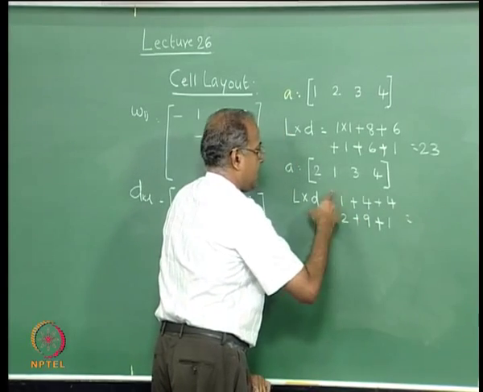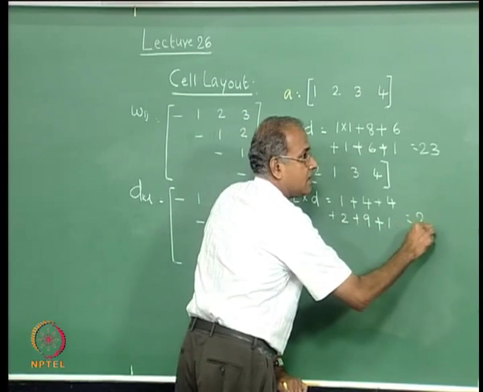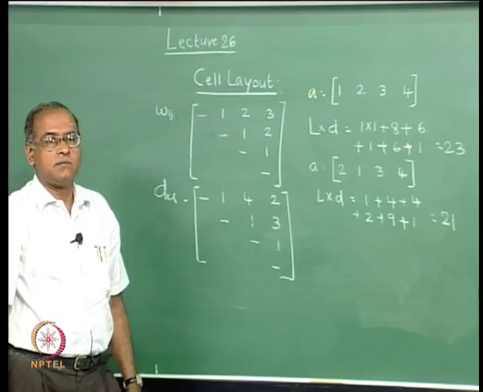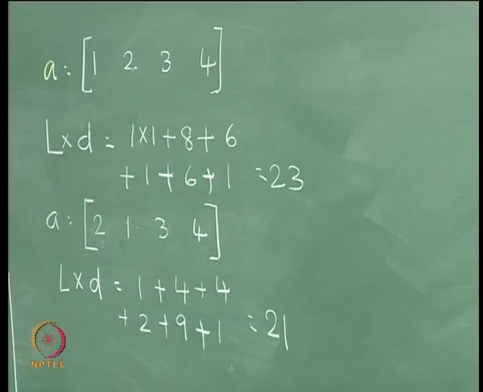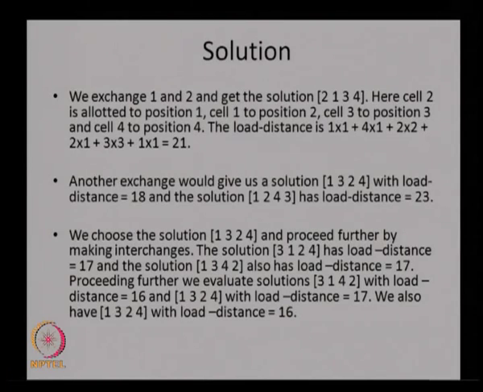So, this would give 9 plus 2, 11, plus 9, 20, plus 1, 21, which is shown in the slide as a solution which is 21.